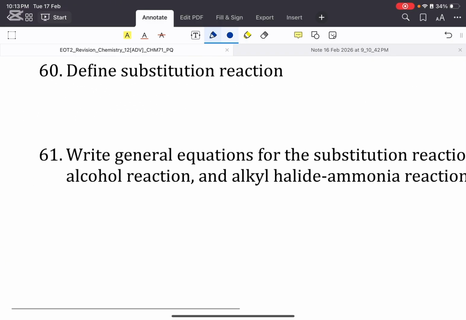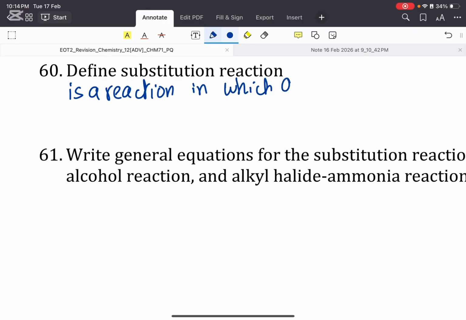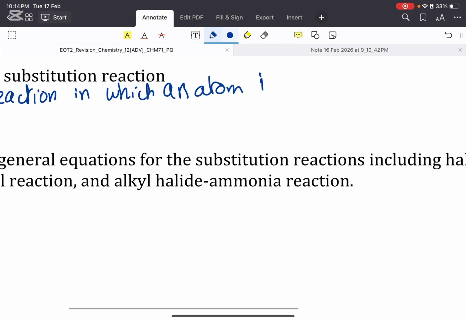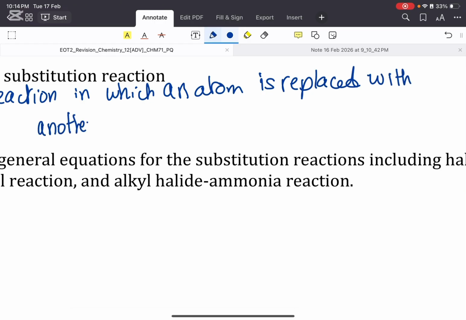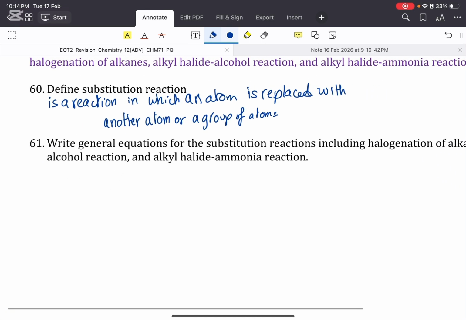So a substitution reaction is a reaction in which an atom, in our case, it's going to be a hydrogen atom or halogen, for example, is replaced with another atom or a group of atoms, like a molecule. Okay? So that is basically the meaning of a substitution reaction.